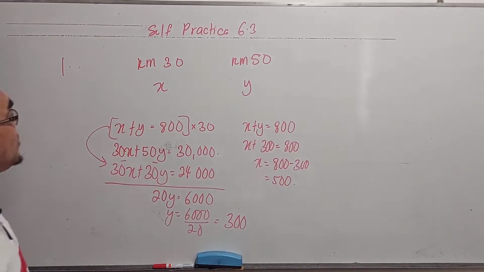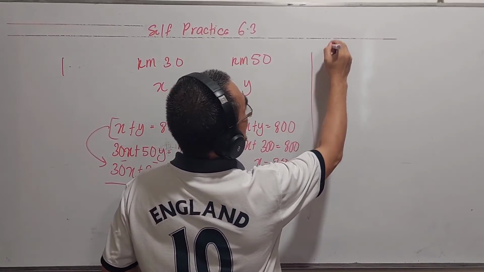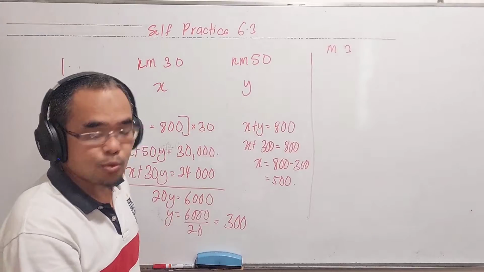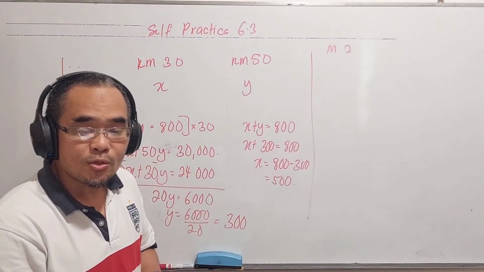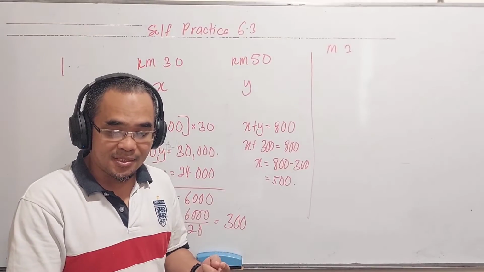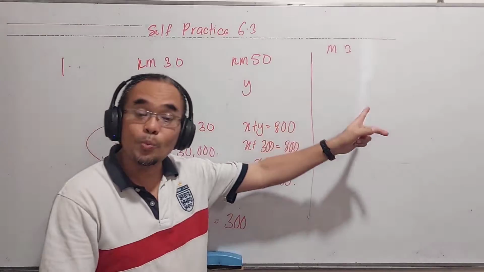But then I'm going to show you again, if you have method 2 using the substitution method. Because I think most of you are going to take maths in Form 4, you have to understand this method 2 better.